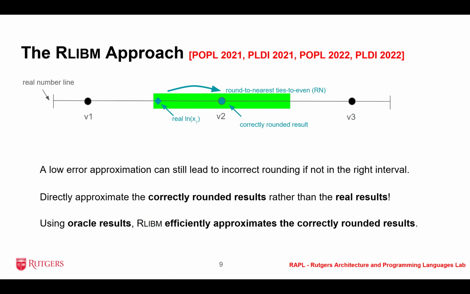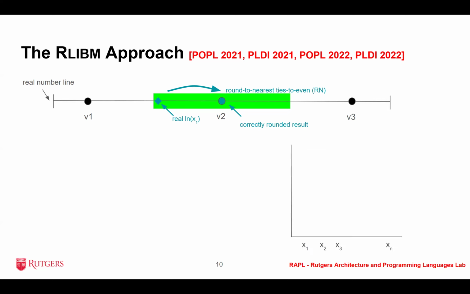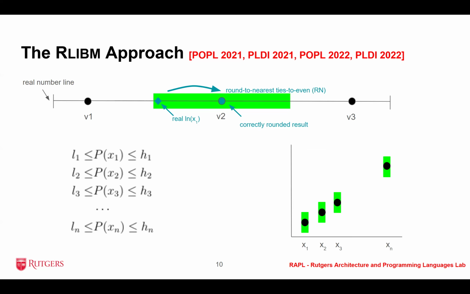So here is an overview of the steps that RLIBM takes towards accomplishing this goal. As I alluded to earlier, RLIBM begins by generating the correctly rounded results for a given function using an oracle generator like the aforementioned MPFR library. And using the correctly rounded oracle results, RLIBM identifies the appropriate rounding intervals. Now, I explained earlier that a polynomial can produce correctly rounded results so long as its outputs are within these rounding intervals.